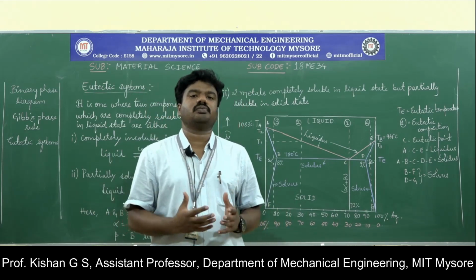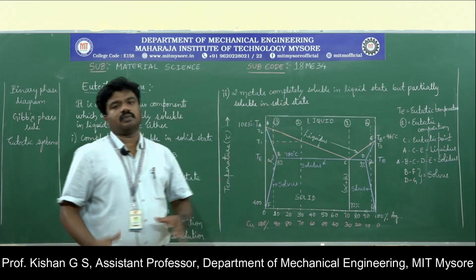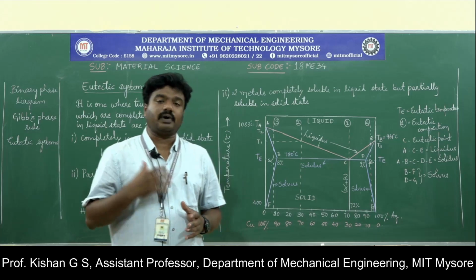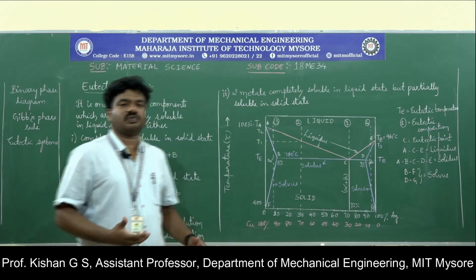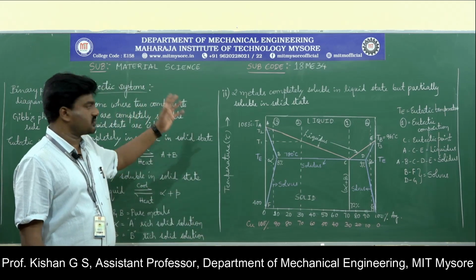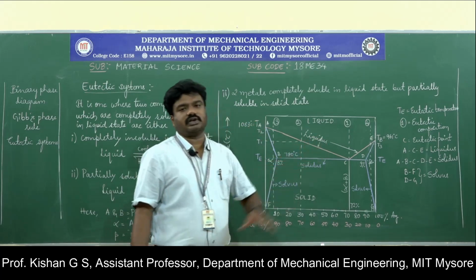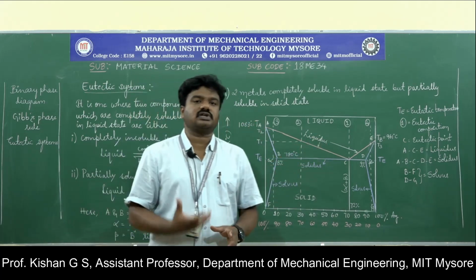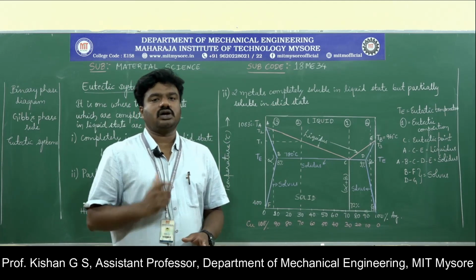See, all the metals will not satisfy this particular condition. There will be a particular combination of materials that comes under the second case, that is completely soluble in liquid state, partially soluble in solid state. Whereas in a few cases it satisfies the first condition of eutectic system. In this particular diagram, we have a bit tedious representation of the lines that represent the partial solubility of the metals in solid state.